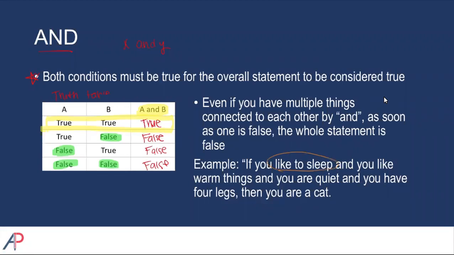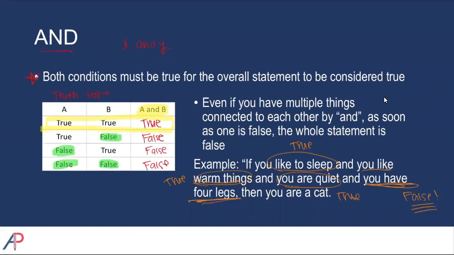That is a true statement for me. And I like warm things. So this is also a true statement. I would say I'm pretty quiet. So this is a true statement for me. But this one right here, you have 4 legs. For me, this is a false statement. Because this is a false statement for me, overall, this entire thing is false.